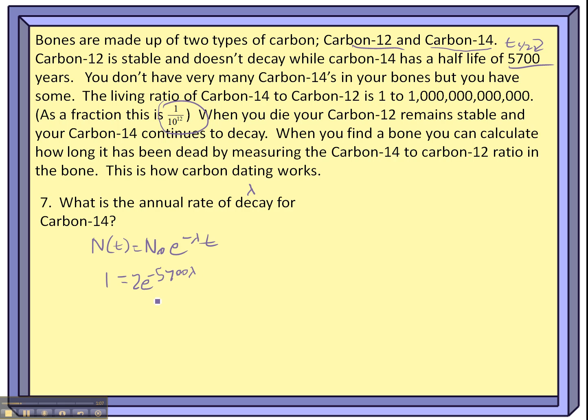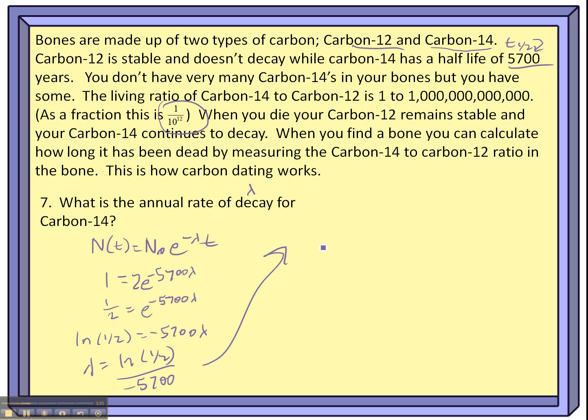Solving this for lambda. Divide by 2. Take the natural log both sides. Negative 5,700 lambda. So after dividing, our lambda is natural log 1/2 divided by negative 5,700.